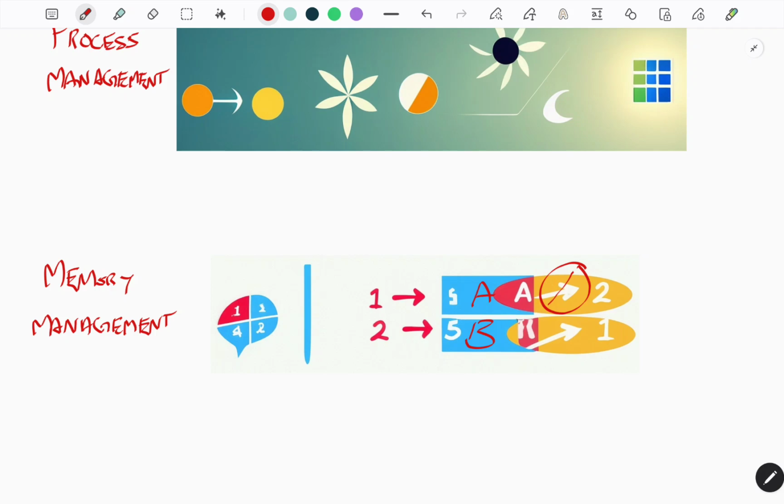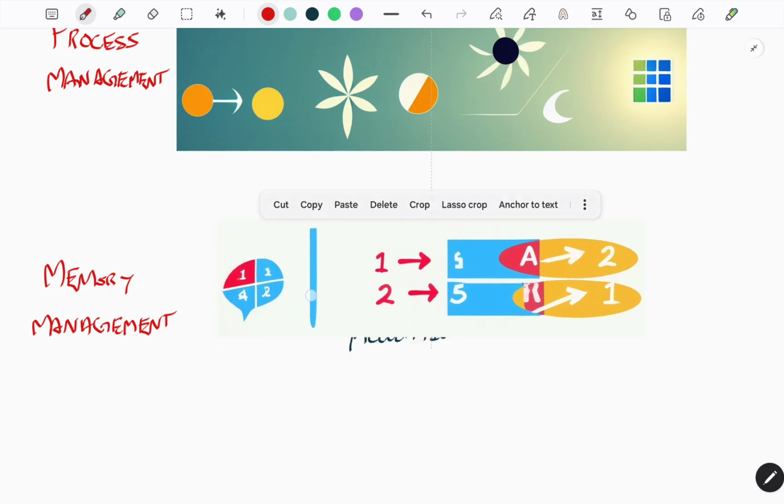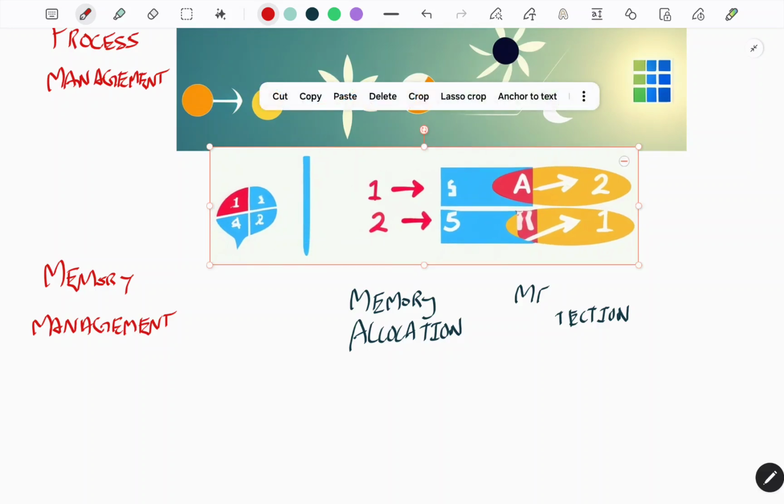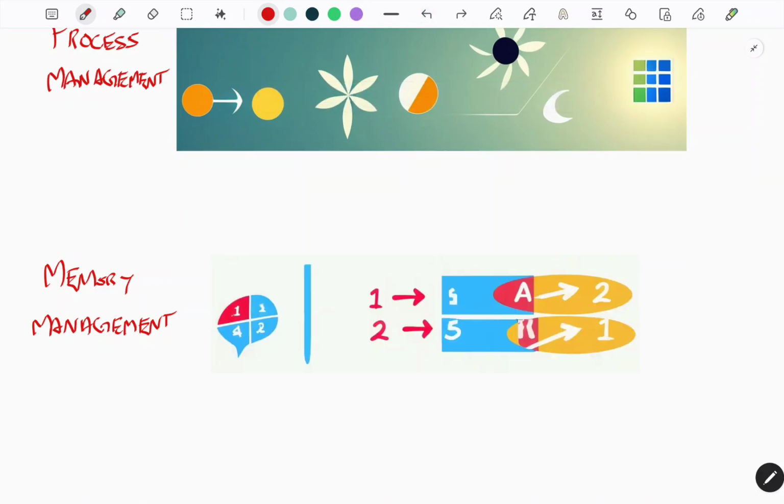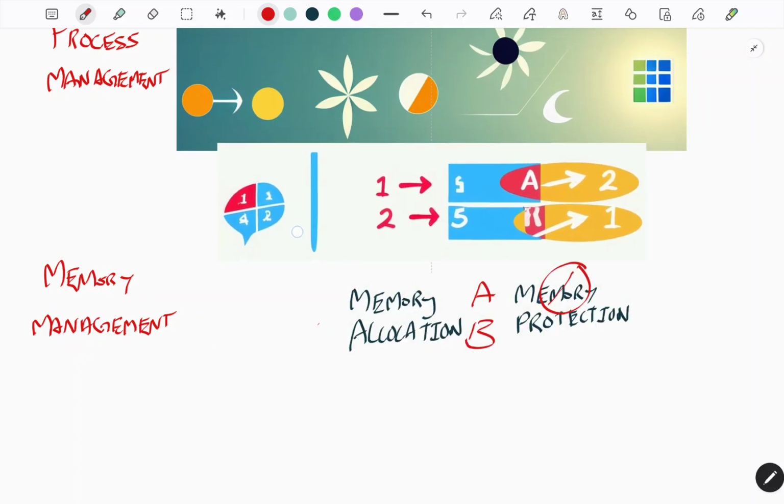The OS shouldn't mess this up. The OS role is to ensure that Excel uses the first chunk, then the video uses the second chunk of the memory. These are the roles of the operating system: memory management, which is allocation, and memory protection.